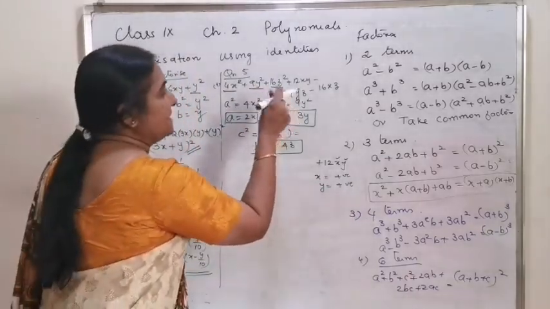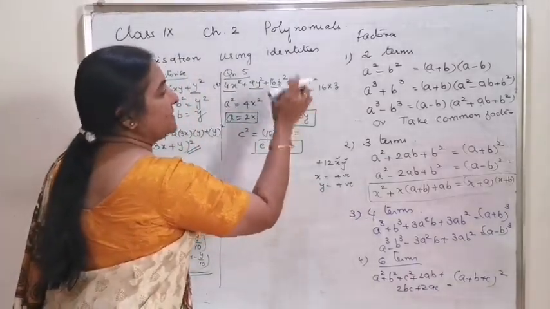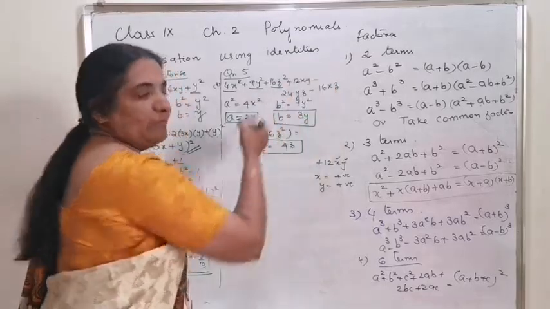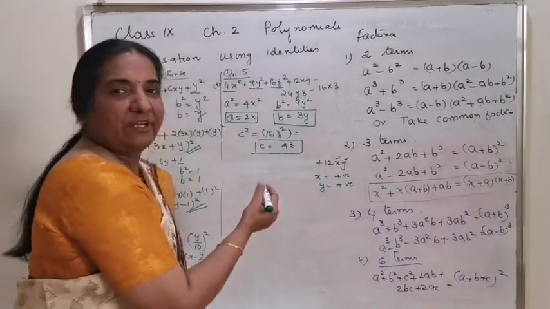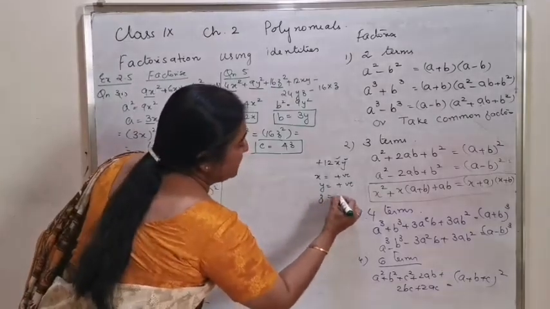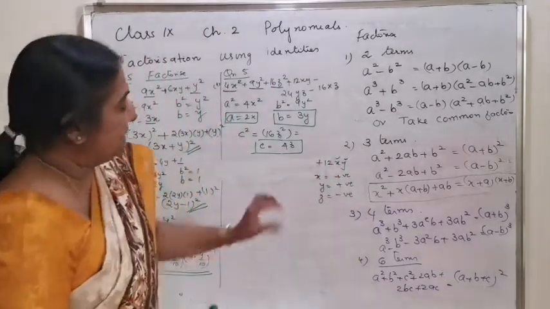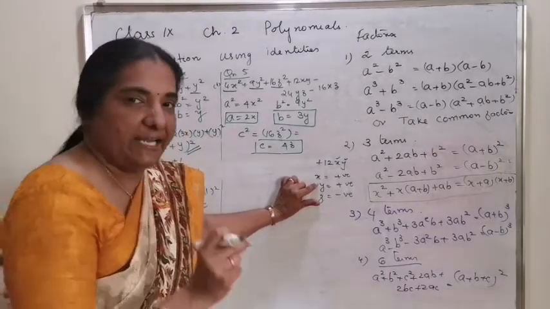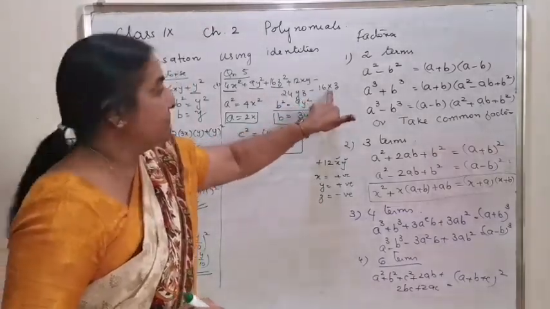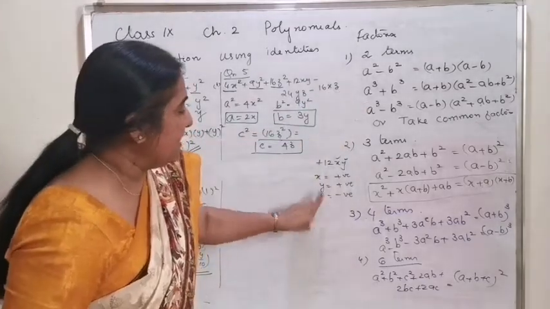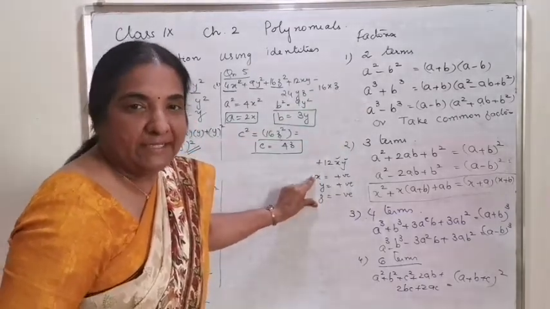The next condition is 24yz and the sign allotment is negative. Since y is a positive number, z has to be negative, then only the yz term will be a negative term. Similarly, x is a positive number, and because z is negative, the xz term is also a negative term.